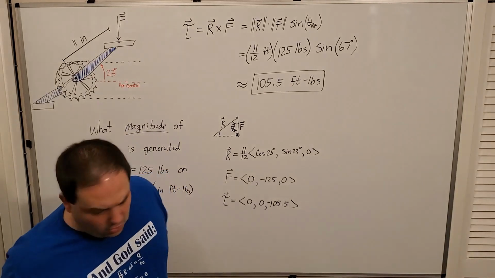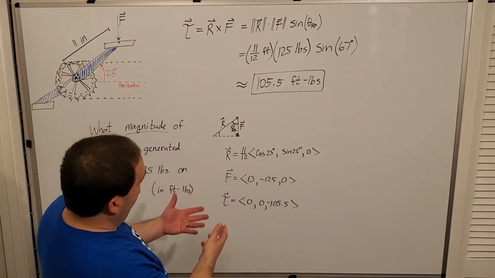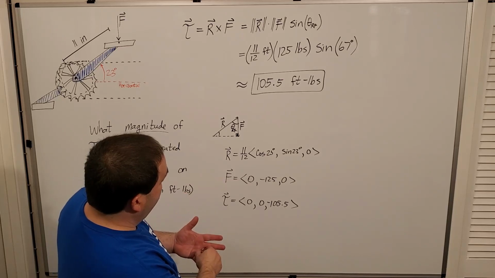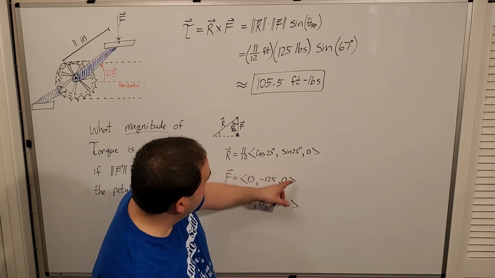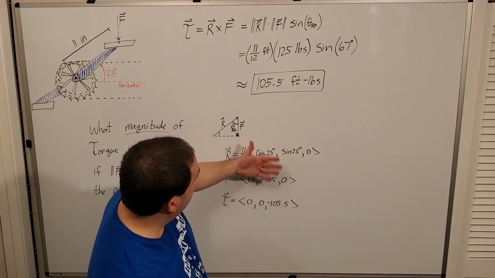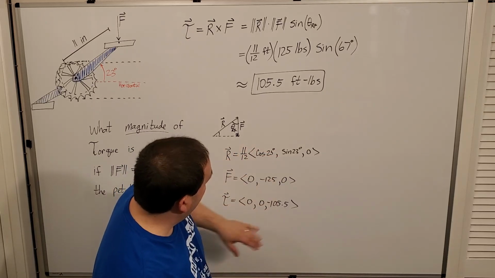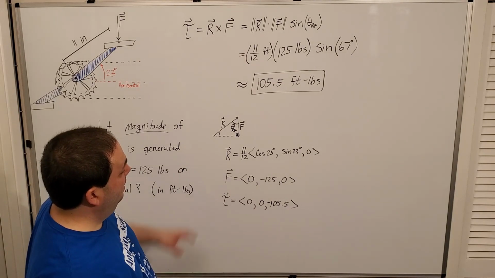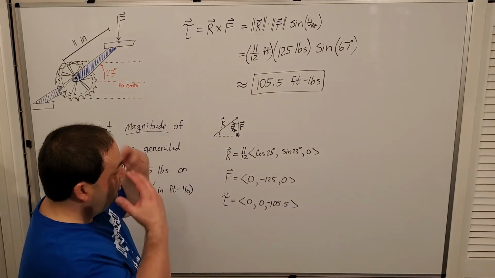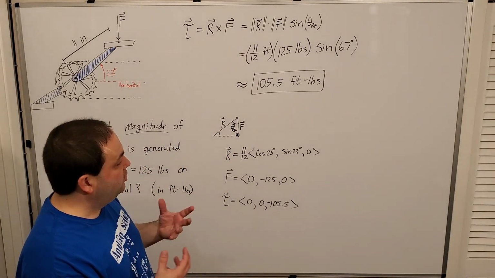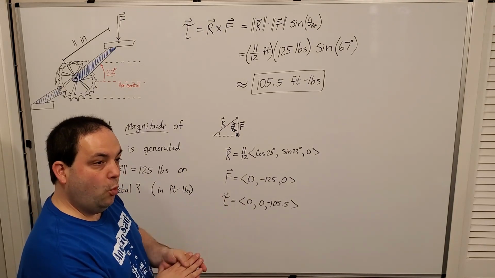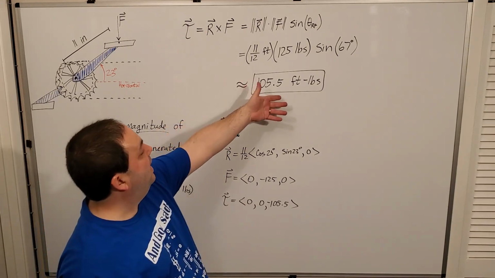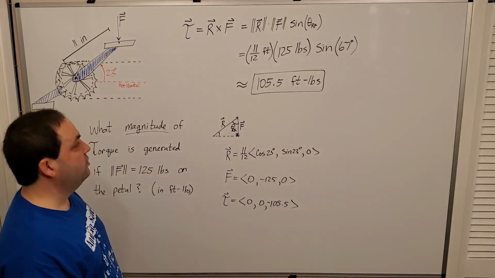Regardless, you can see the way that the torque vector is being displayed. And the important part is because I see that these are planar in the XY plane, then the torque vector is going to be purely Z component like that. That's knowing your cross products, knowing how your torque is working with a cross product. And then this is the actual answer to the question, just the magnitude of it.